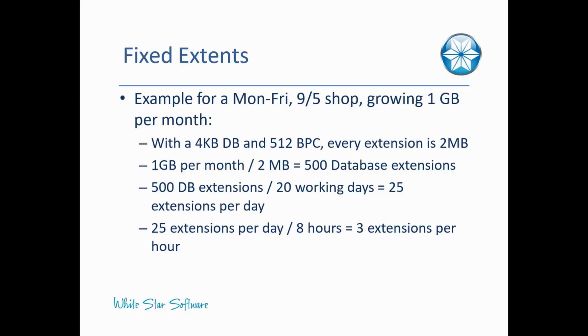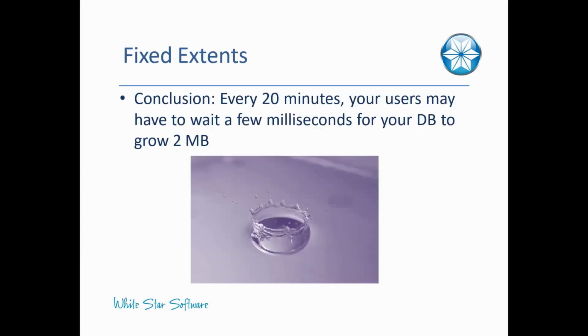So 1 gig per month divided by those 2 megs is 500 extensions. 500 extensions divided by 20 working days is 25 extensions per day, divided by 8 hours, so we're talking about 3 extensions per hour. So what does that mean? Every 20 minutes, your users are going to have to wait a few milliseconds for your database to grow. All right.